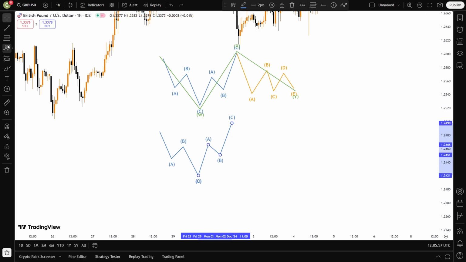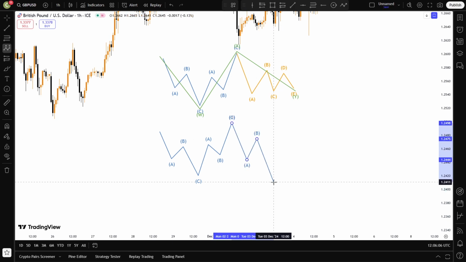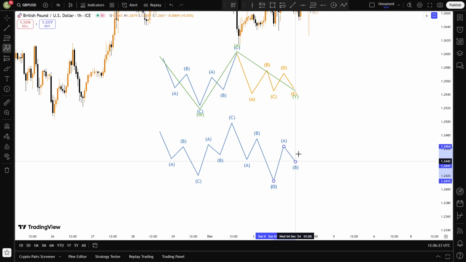And then now we have another wave. That would mark our Y, just like the first one, but this time we have another wave attached to it that will mark our second X in this scenario.